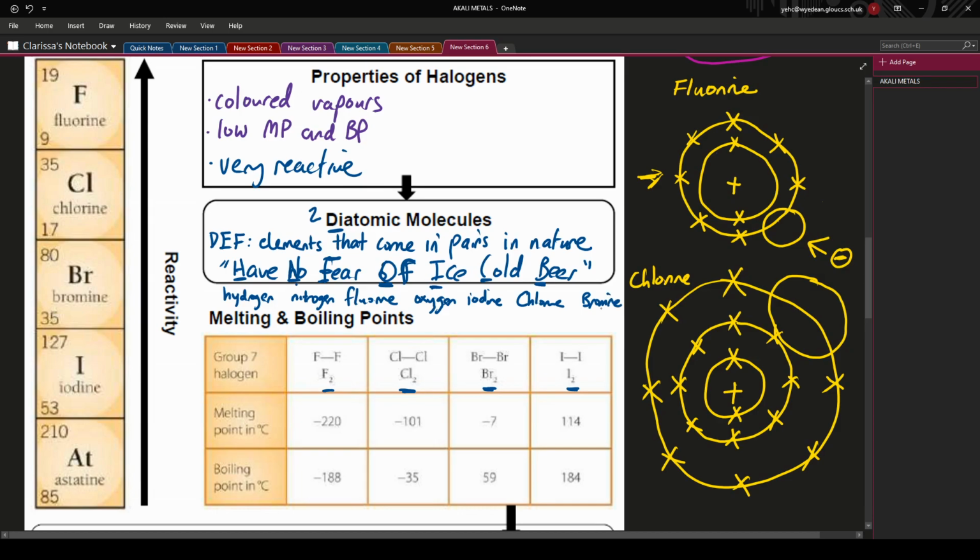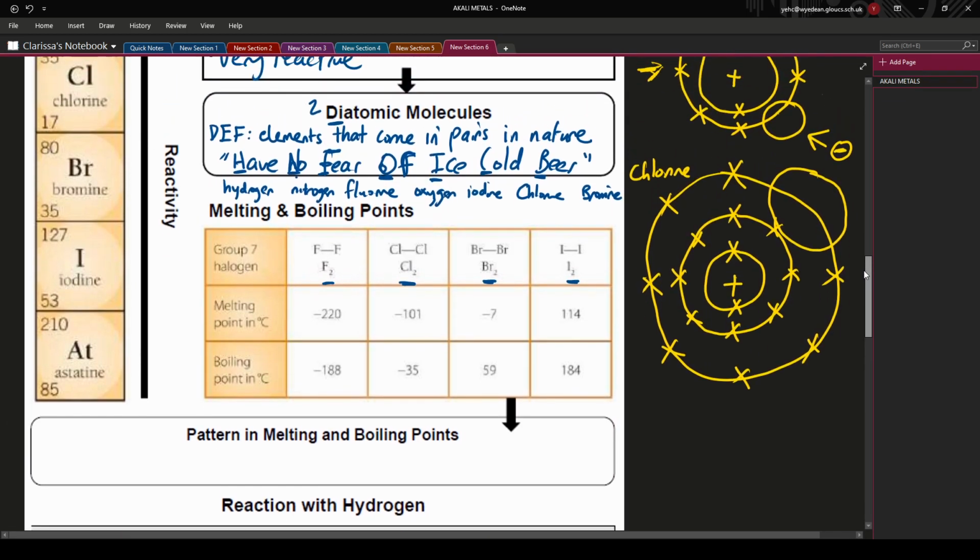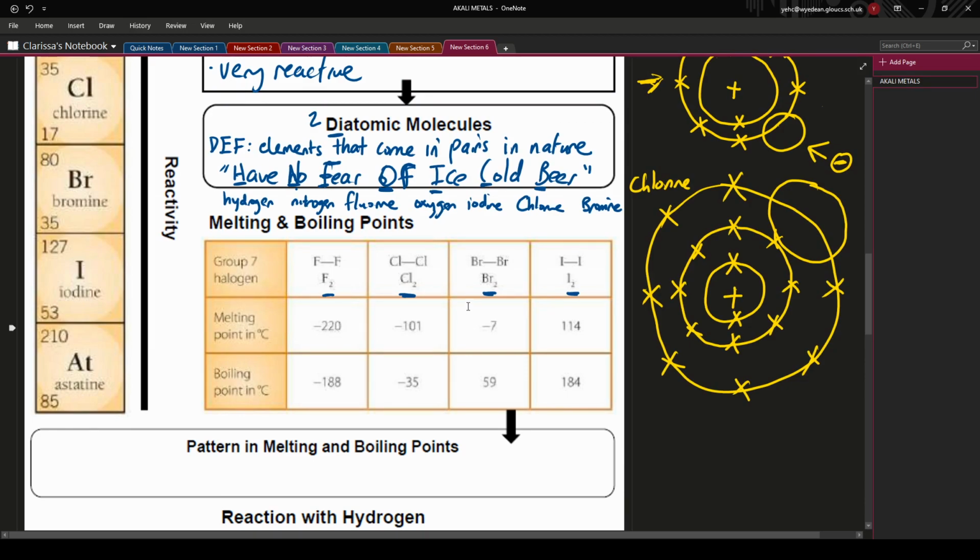At this stage, you don't have to memorize it as much, but just keep in mind that there are some elements that are so reactive that they just don't exist on their own in nature.